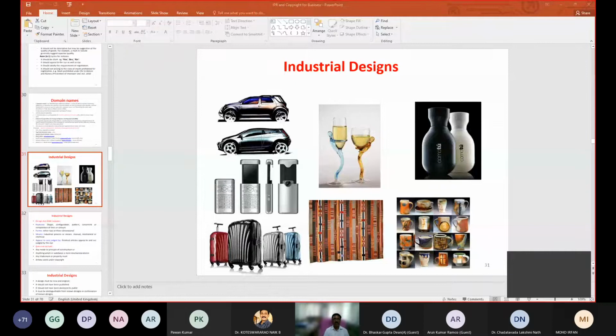India became a member of the Trade-Related Intellectual Property Rights agreement of the WTO on 1st January 1995.